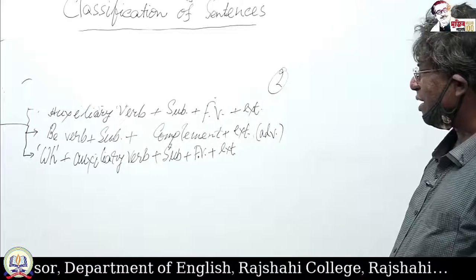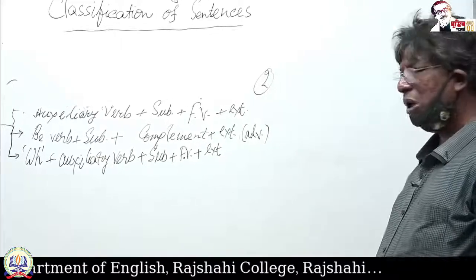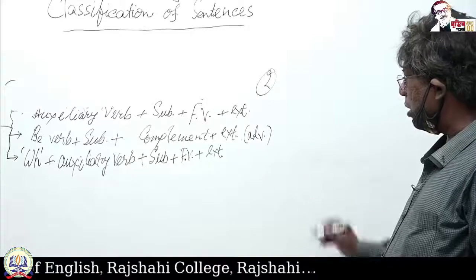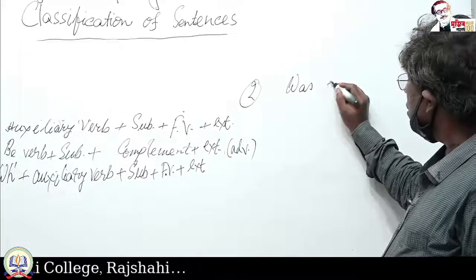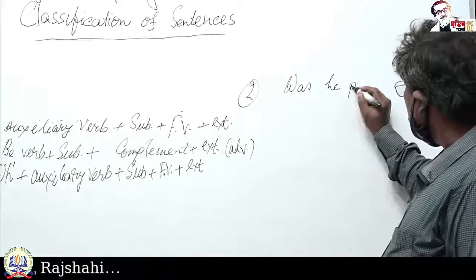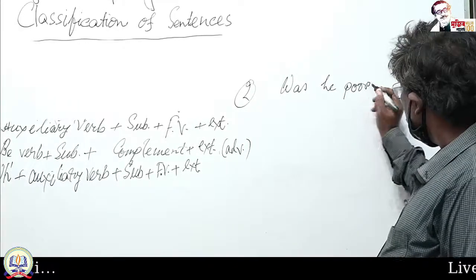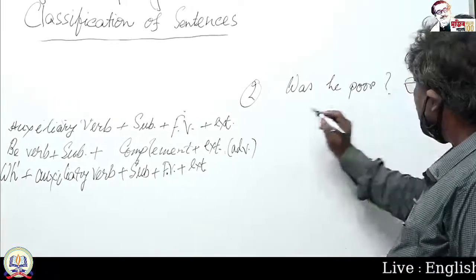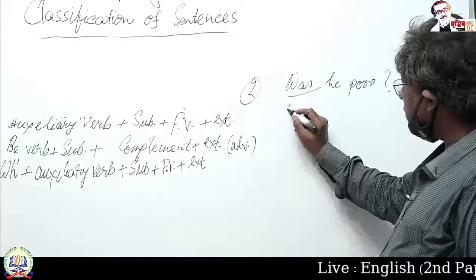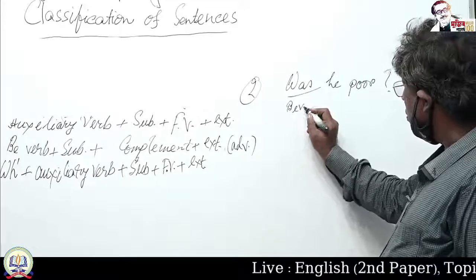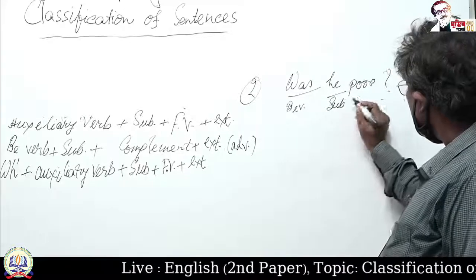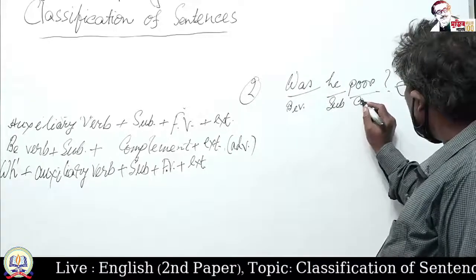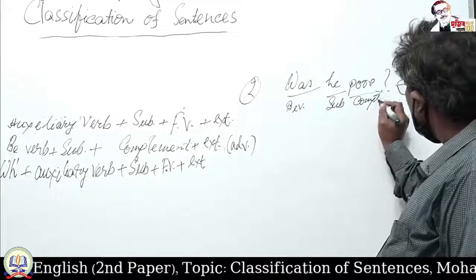In this structure, we get no object at all. For example, was he poor? In this sentence, we have the be verb, the subject he, followed by the complement poor.